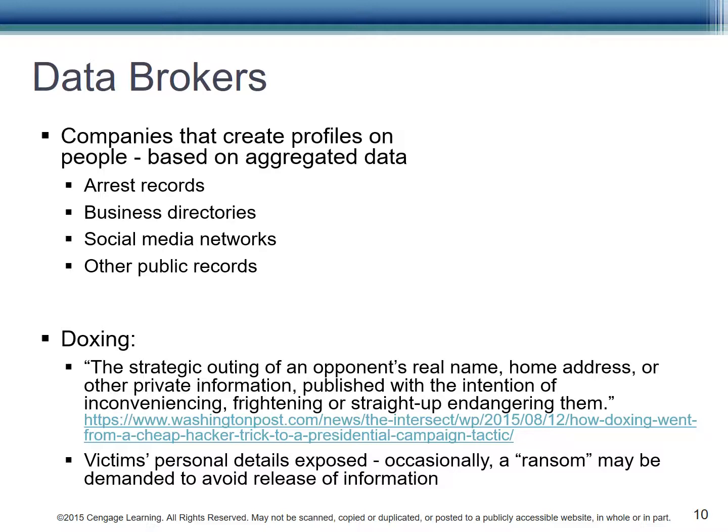Here you can have many personal details exposed. They may ask you to pay a certain amount to keep that data from being released, as in the Ashley Madison case. And to its credit, Ashley Madison did not pay the ransom, and the people saying they were going to release the names if they weren't paid did indeed release the names.